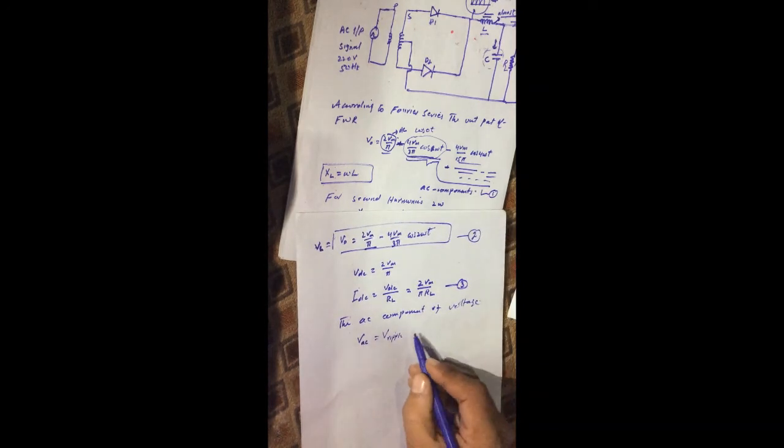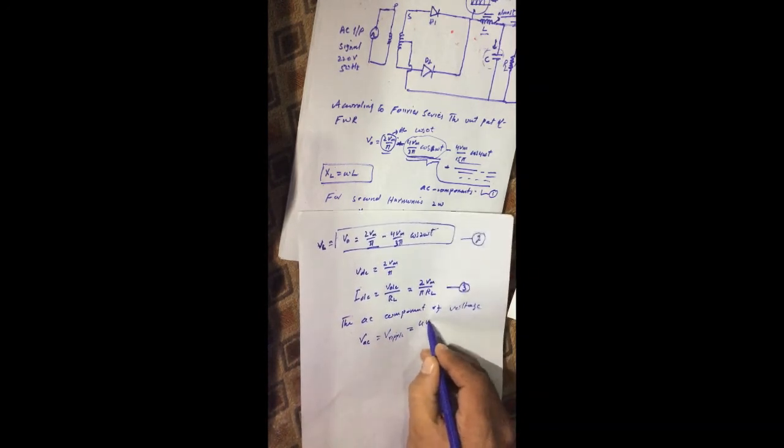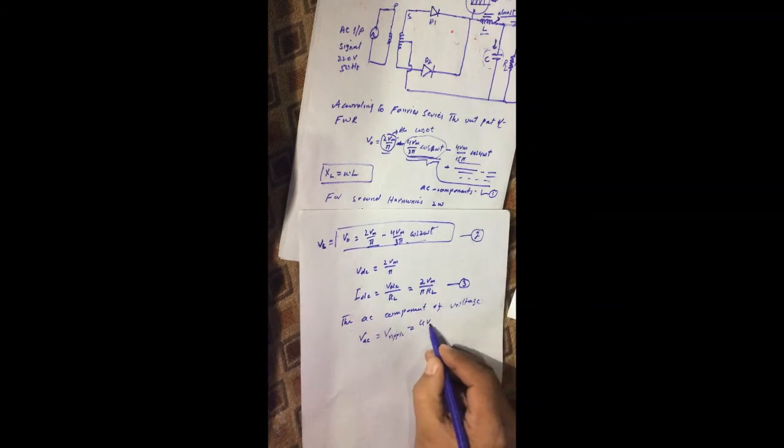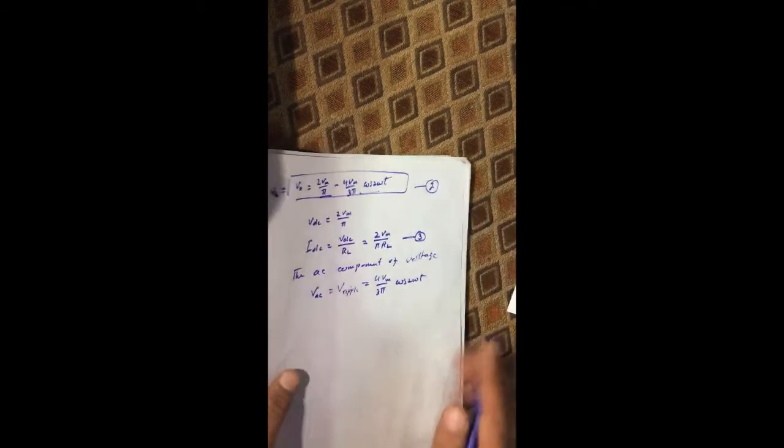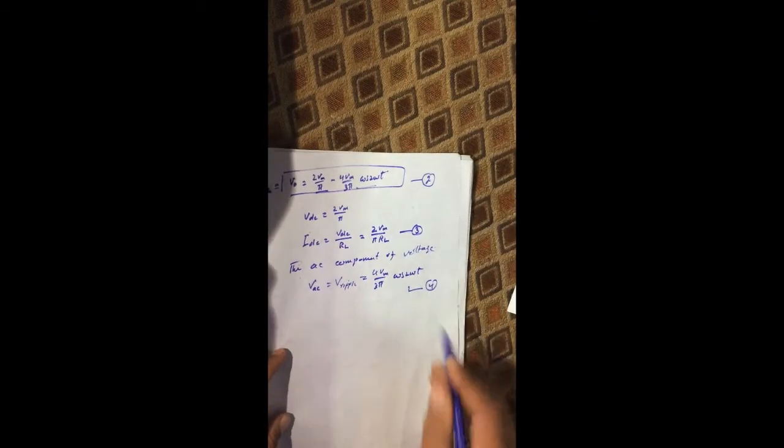The ripple voltage will be this 4Vm over 3 pi into cos 2 omega t. So this is equation number 4.